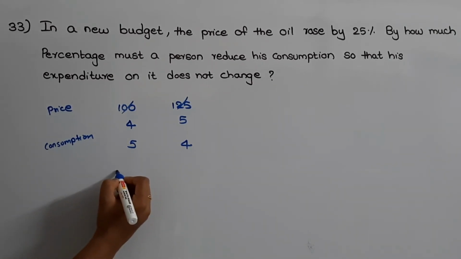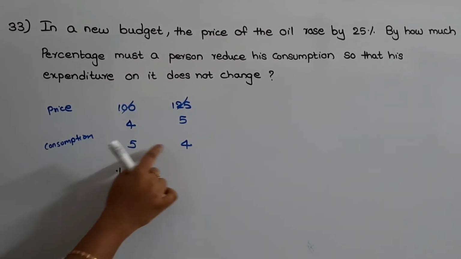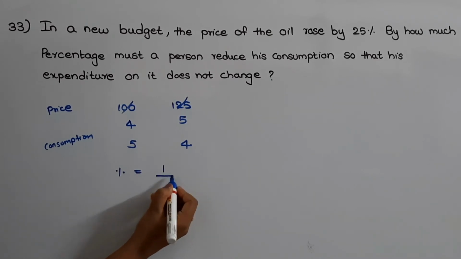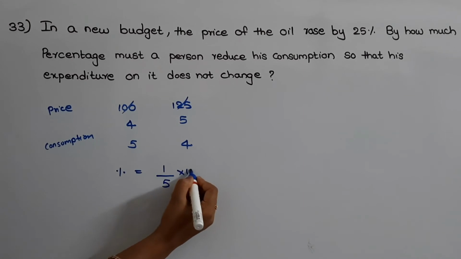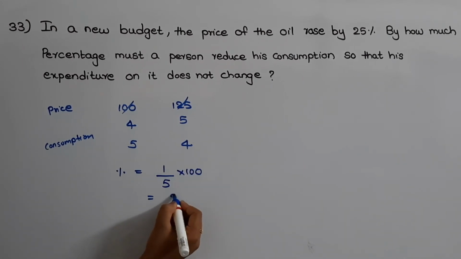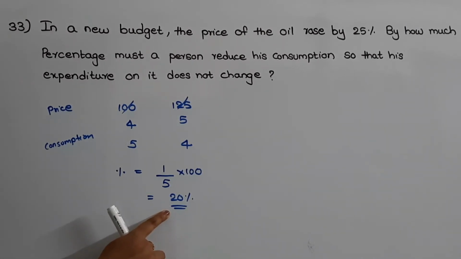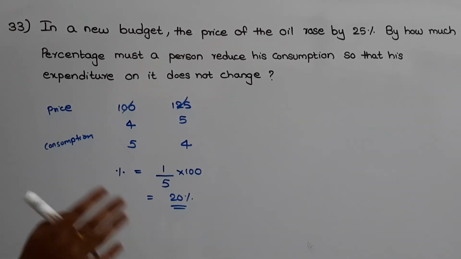So the percentage decrease in the consumption will be equal to the difference between these two values, that is 5 minus 4, that is 1, divided by the initial value, that is 5, into 100. On solving this, we will get it as 20%. So the person should reduce his consumption by 20% so that the expenditure remains constant.